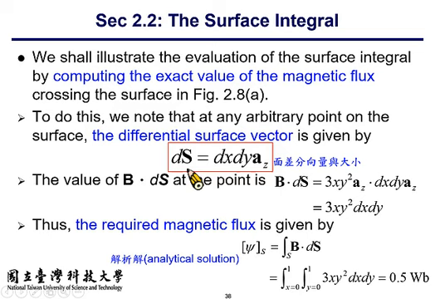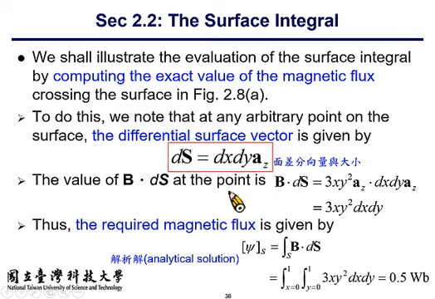All right, and the dot product of B and ds is 3xy squared az dot dx dy az. Fortunately, because this is a dot product, the az part goes away and it becomes a scalar. So the integral can be turned into a double line integral.